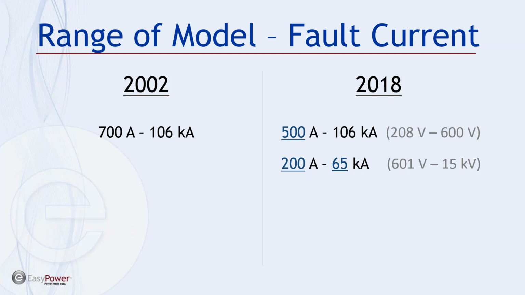Above 600 volts, the range is 200 amps to 65,000 amps. I'm not sure that really impacts anyone negatively, but it does give us the ability to predict on a more accurate basis in both sections of the curve. So we'll have some data results here in a second.